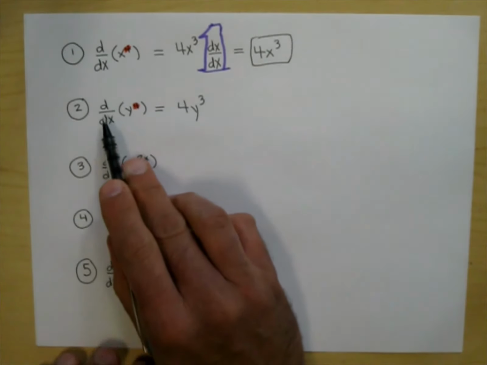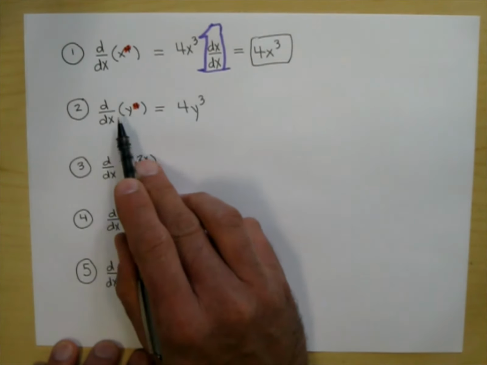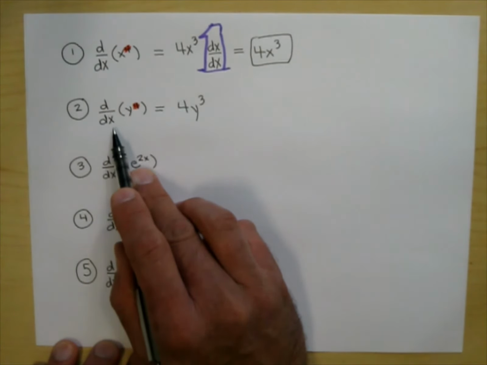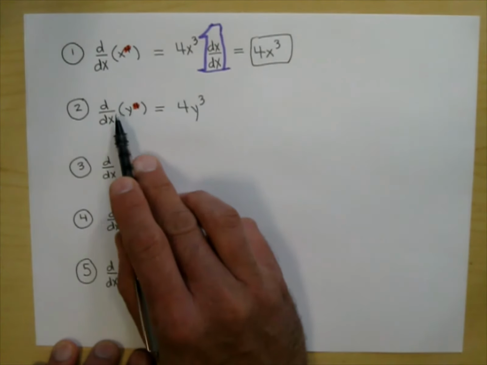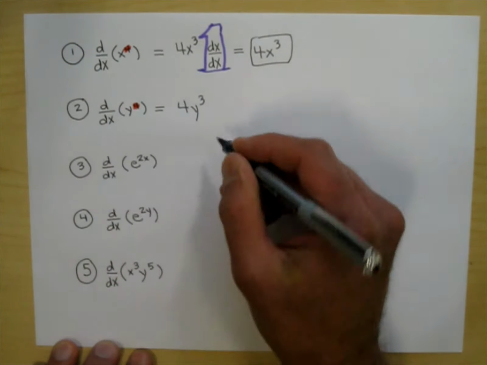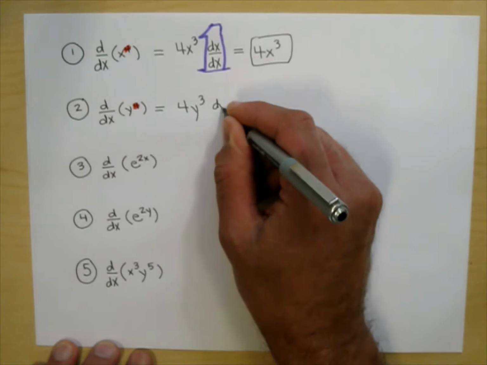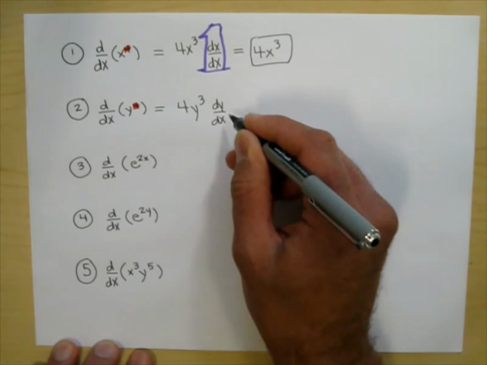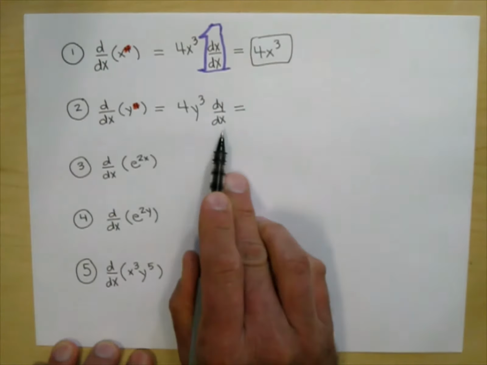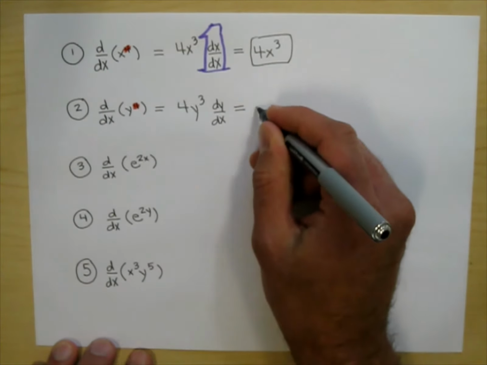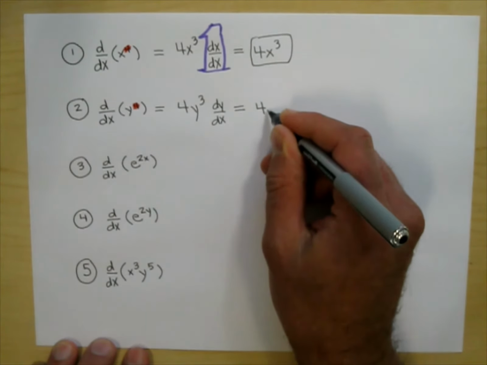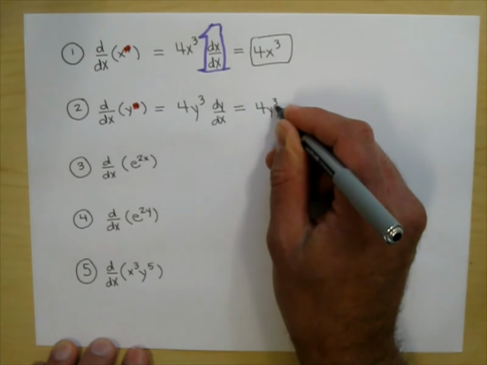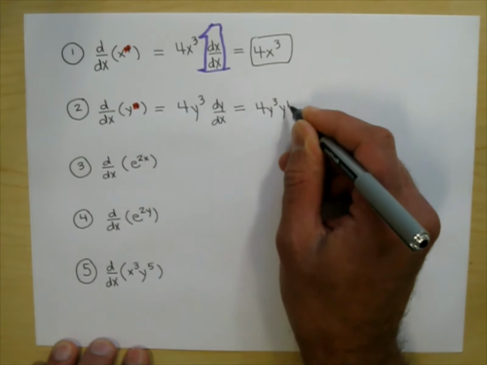Now you're just taking the derivative of y. You're going d/dx of y, and if you put the y up top, it's dy/dx. This is an acceptable answer, by the way, but I'm going to write this as 4y cubed y prime.